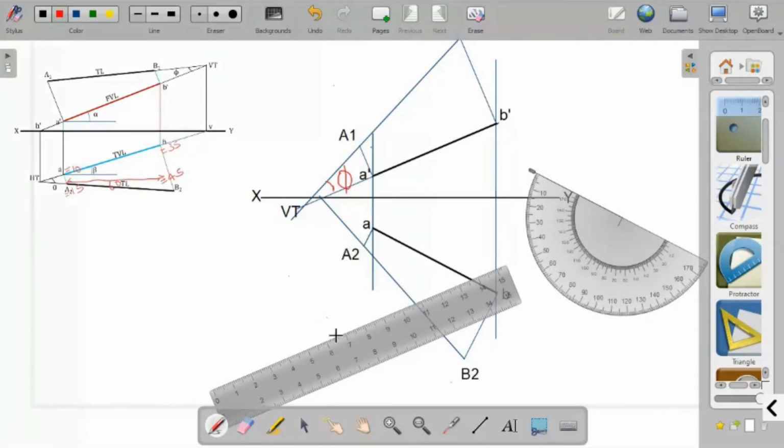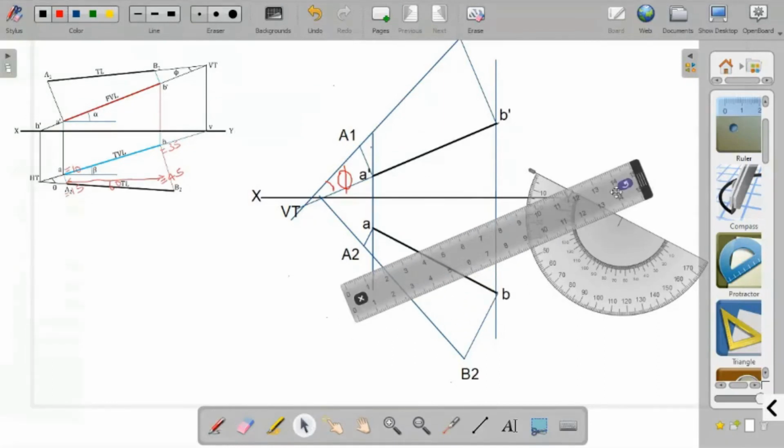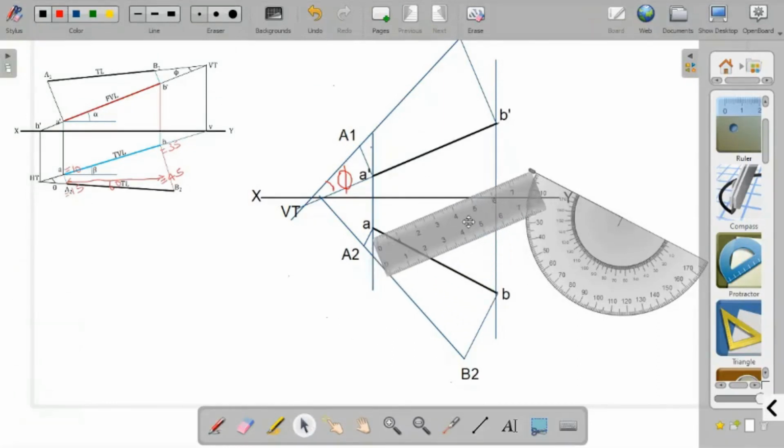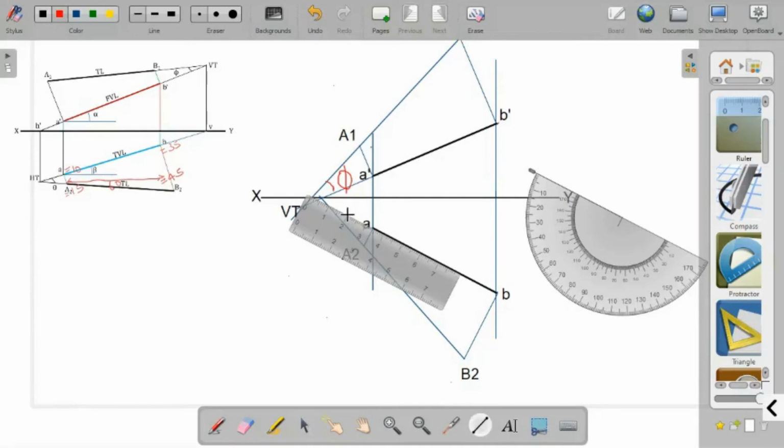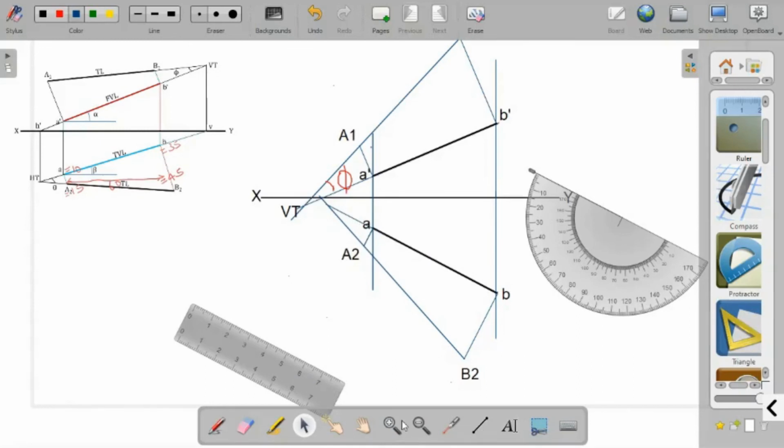And now in order to find HT, we need to extend the top view, again using the same procedure. Using the same procedure, you can obtain the point HT also.